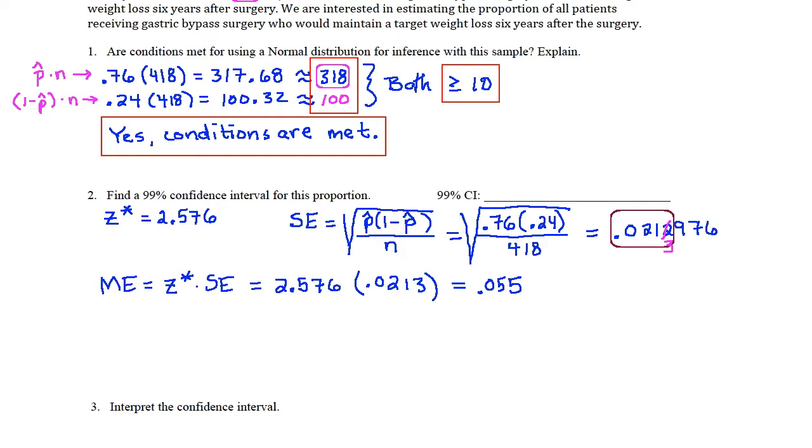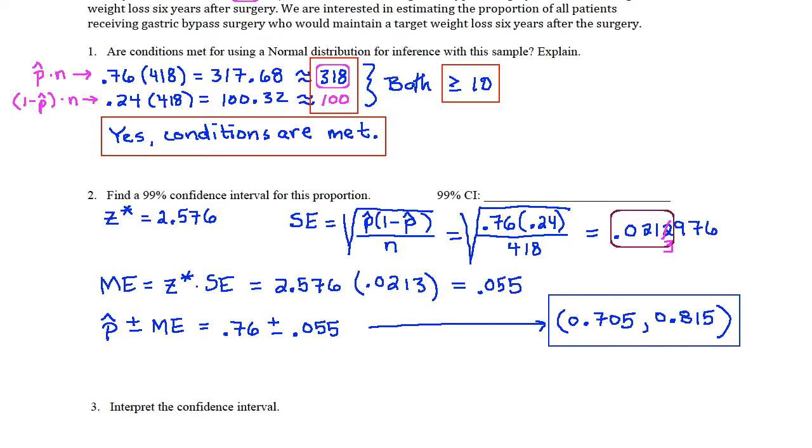Since this is a kind of small number, I'll go ahead and take it 1 decimal place farther to 0.055 when I have rounded that appropriately, so that my confidence interval is p hat plus or minus the margin of error, which is going to be 0.76 plus or minus 0.055, and I will now subtract to get the lower bound and add to get the upper bound. So for my final interval, I get from 0.705 to 0.815.